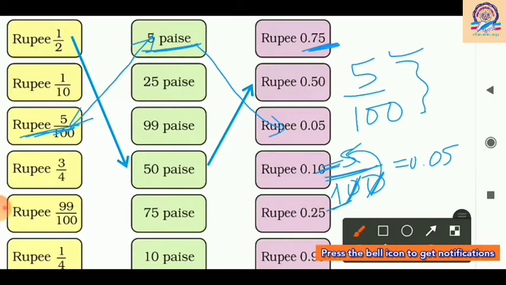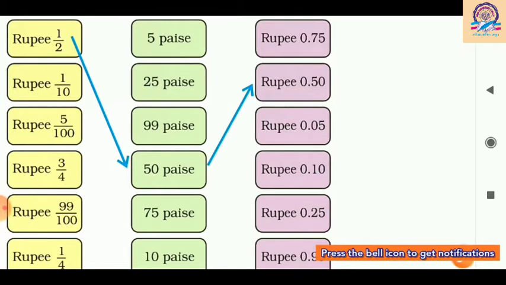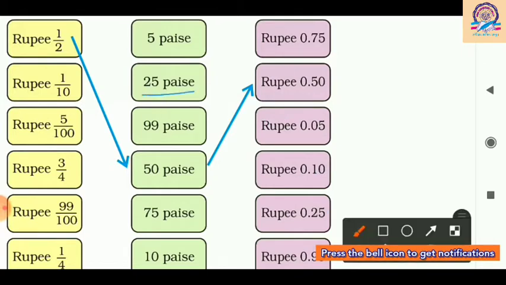So the first is clear. Now come to the second. The second is 25 paise. Let me write this number as a fraction. 25 paise means 25 upon 100, because 25 paise is the 25th part of 100. Let's check in the yellow column where we have 25 upon 100.